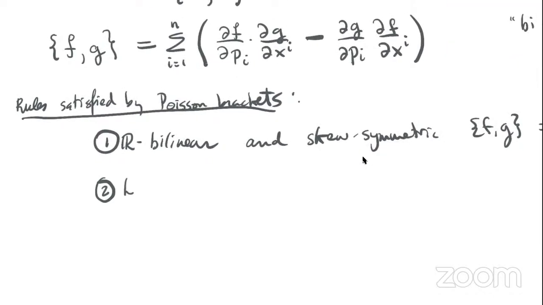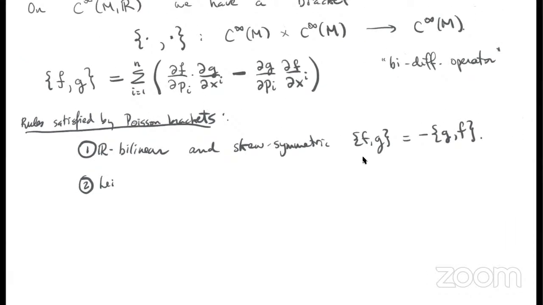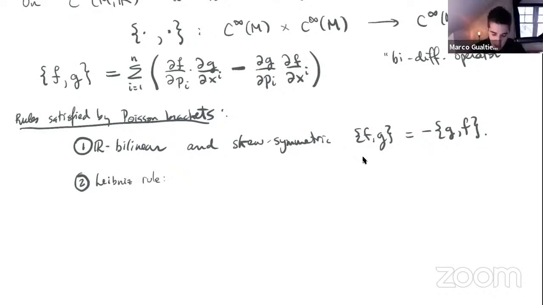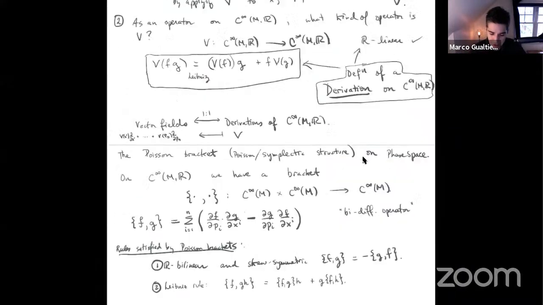Could you zoom out a little bit? Thank you. So the Leibniz rule would be like this: if we take the Poisson bracket of f with a product of functions, then with respect to that product it is a vector field, and so it will satisfy what a vector field satisfies. It acts on g multiplied by h, plus g multiplied by its action on h. So it satisfies this derivation law.